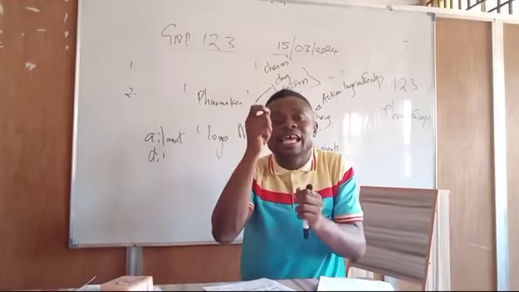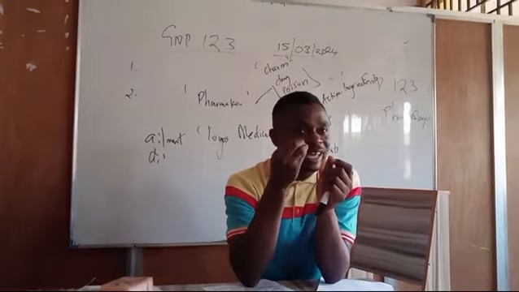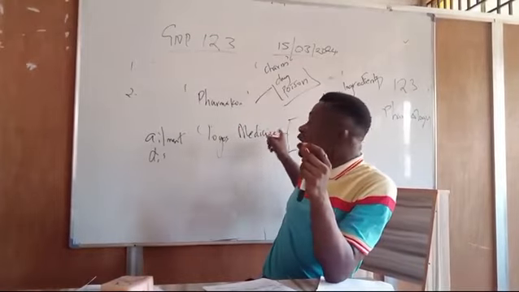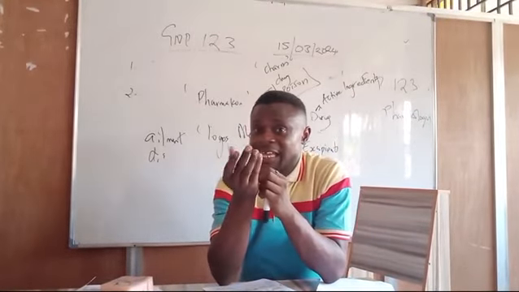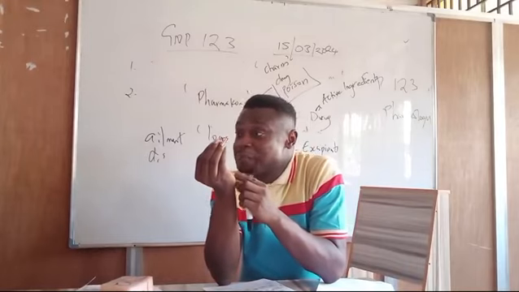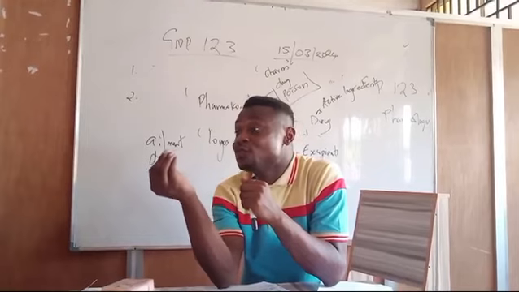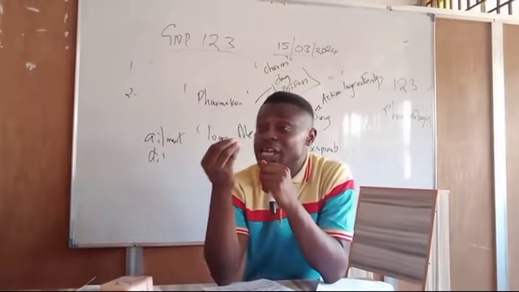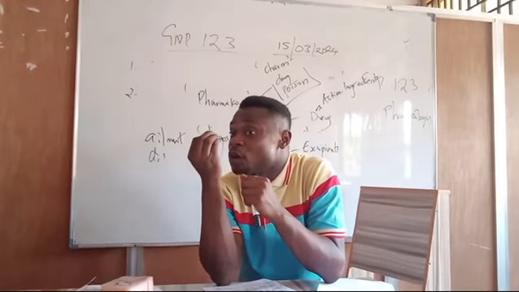But when a standardized, given quantity of the drug is taken and put in a formulation with other ingredients and prepared, it becomes a medicine. That's the one you will be given in the hospital or pharmacies to treat a particular disease or ailment.